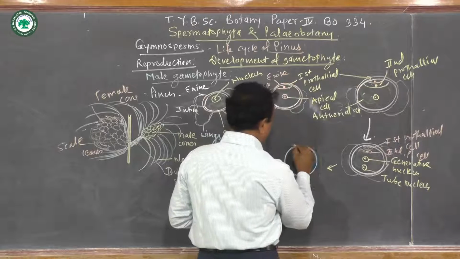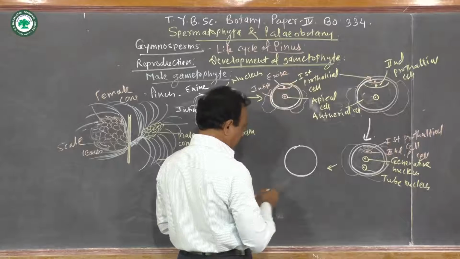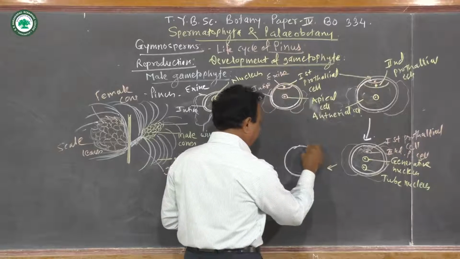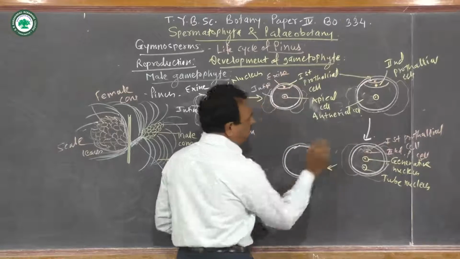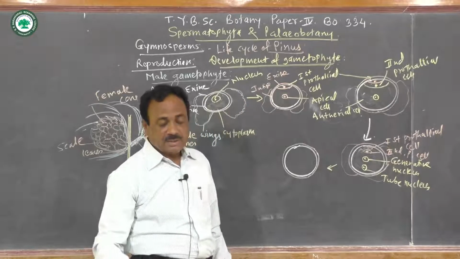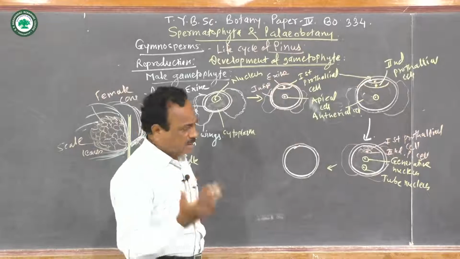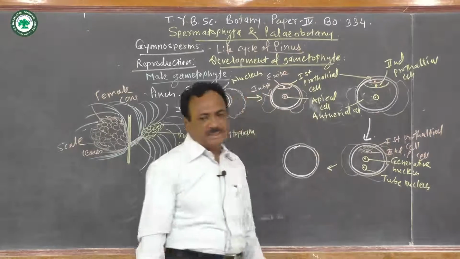In this stage, when this pollen grain or microspore is present in the four-celled condition, later on it is liberated, it comes out from the microsporangium, and then pollination takes place.